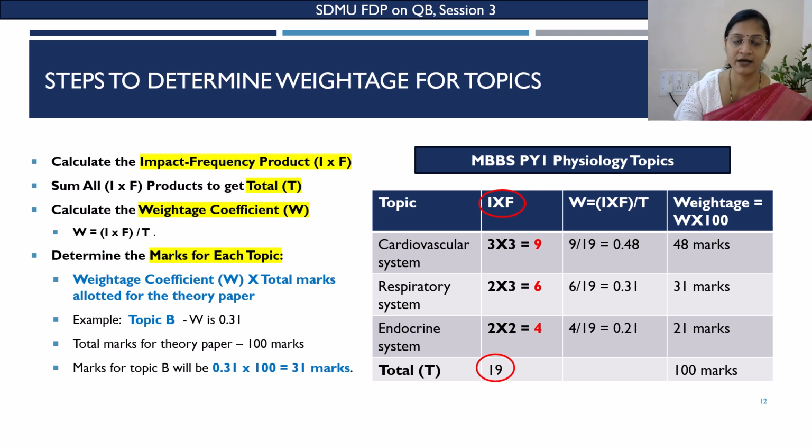But if it is very high or too many competencies are to be addressed as a part of course outcome and looking at the frequency prevalence of such a clinical condition, it can be given more weightage when it goes to general medicine also. Now this is how chapter wise weightage for the contents are allocated.